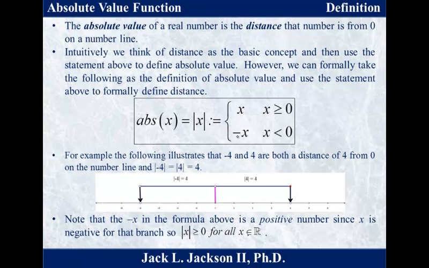It's the opposite of x, where x is negative, so the opposite of negative is positive. So this symbol, minus x, really is indicating a positive number. And the top part, x, is a positive number or 0, so when it's all said and done, the absolute value of x is greater than or equal to 0 for all real numbers x.